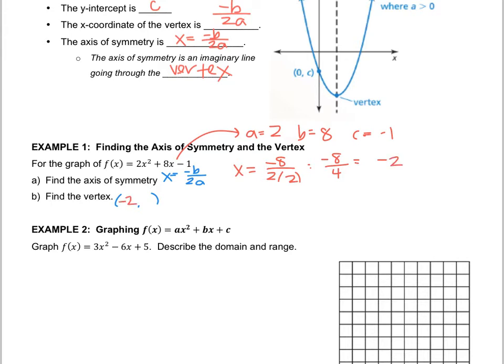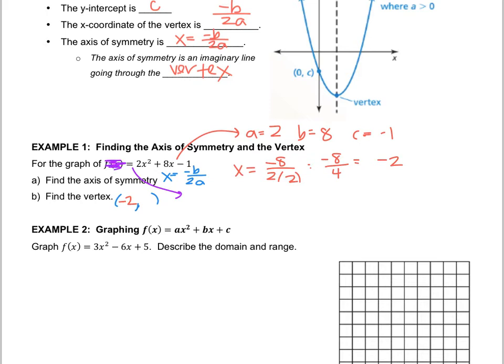So then you say, well, how do I find the y value of the vertex? And that's something that you have done millions of times before. What we're going to do is plug negative 2 into the formula. So instead of x, I'm going to put negative 2. Remember, that's my formula. So I'm going to ignore this f of x part, and I'm just going to calculate what I got.